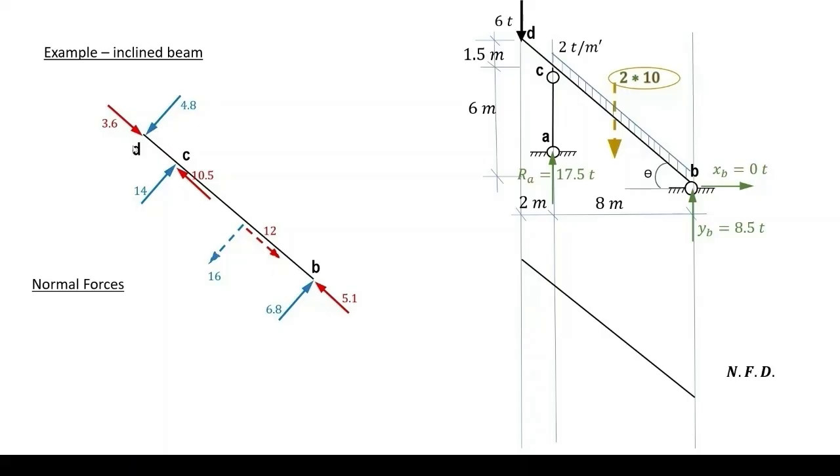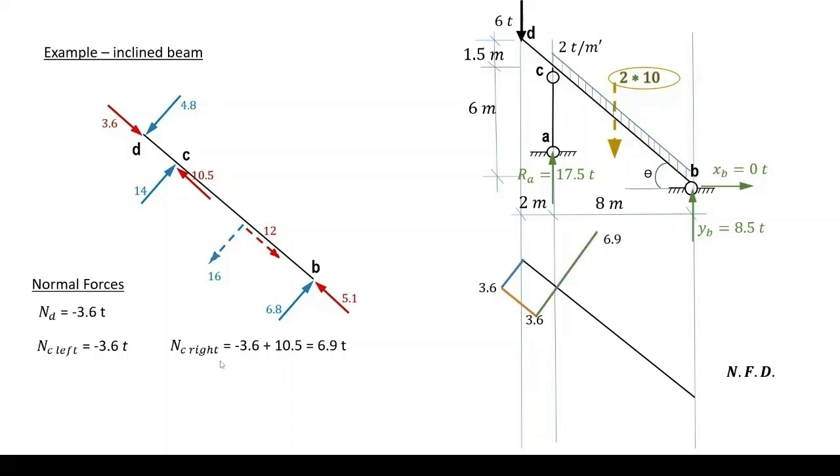Starting from D, it is clear that 3.6 tons is a compression force and therefore will be plotted below the center line. From D to C left, we have no variation in normal, and the plot goes parallel to the center line. At C, we encounter a concentrated 10.5 tons in an opposite direction, and therefore it will be added to the previously computed normal to get NC right.